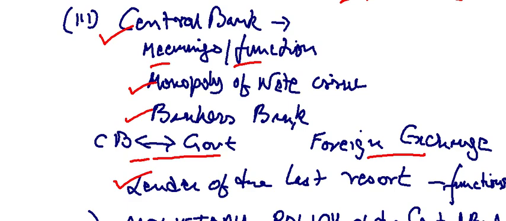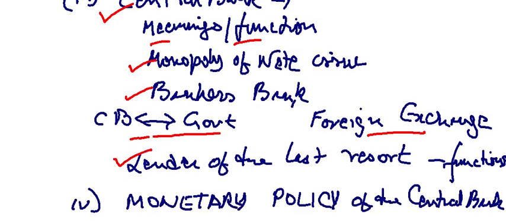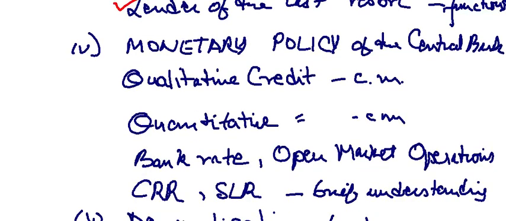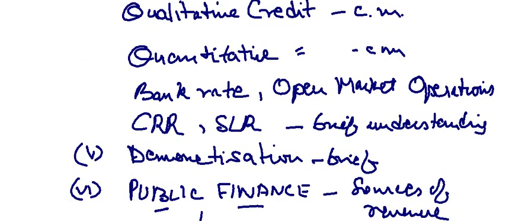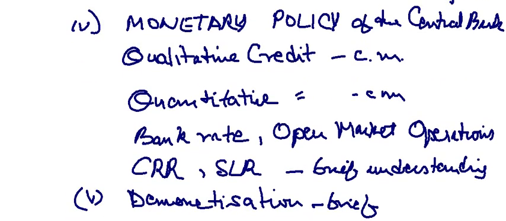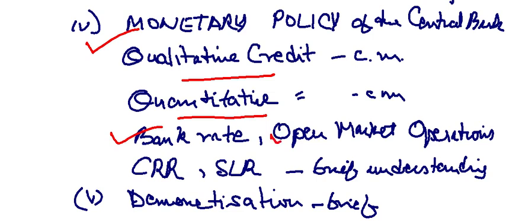And then an important part called the monetary policy of the central bank. This is very vital, you have to know this. Then what is qualitative credit control, what is quantitative credit control, and terms like bank rate, open market operations, CRR, SLR, with a brief understanding.